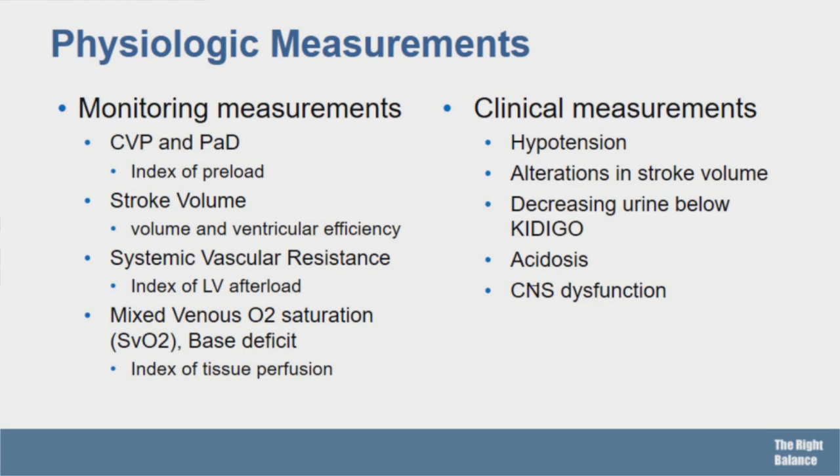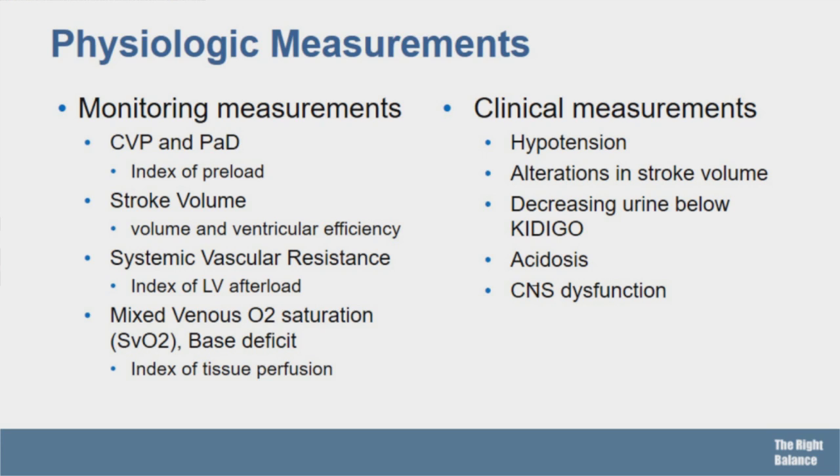Base deficit measures the amount of circulating buffers that have been taken out of the circulation because they're bound to metabolic acid. So when your base is in deficit, your acid is in excess. So base deficit and stroke volume are really important criteria that should be part of our toolbox, not the end-all and be-all, but part of our toolbox in hemodynamic resuscitation.